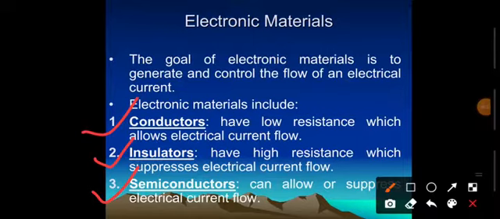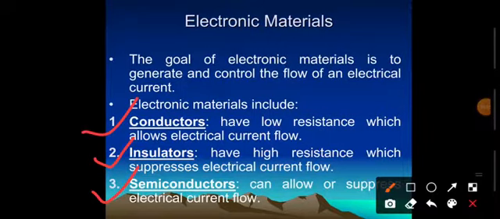As I already told you, semiconductors can be further classified as intrinsic semiconductor and extrinsic semiconductor. Intrinsic means pure form and extrinsic means impure form. When we add impurity to a pure semiconductor, that process is called doping. After doping, the semiconductor material becomes an extrinsic semiconductor, and then we can use it as a conductor.